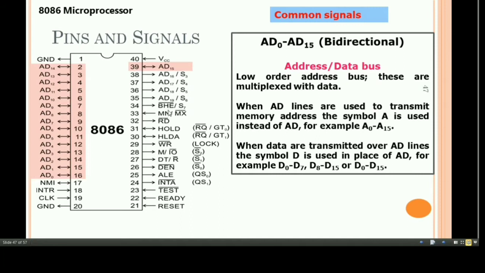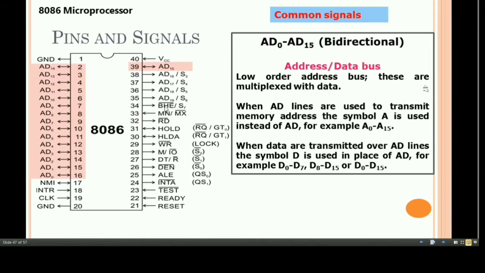So in total we get 21 pins for address bus and bus high enable, while for data bus we are having a total 16 bit data bus, varying from D0 to D15. Okay, and along with that 5 status signals are used.